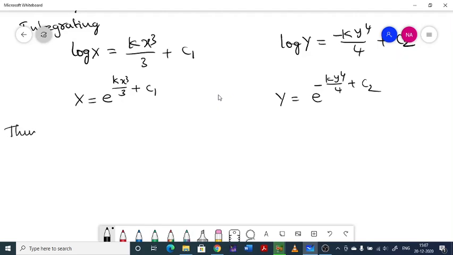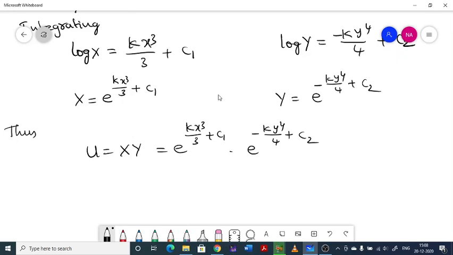Thus u equal to capital X into capital Y, that is e power k x cube by 3 plus c1 into e power minus k y power 4 by 4 plus c2, that is u equal to e power c1 plus c2 into e power k x cube by 3 minus k y power 4 by 4. This is the required solution. So with this we are going to end up our discussion on separation of variables. Thank you.